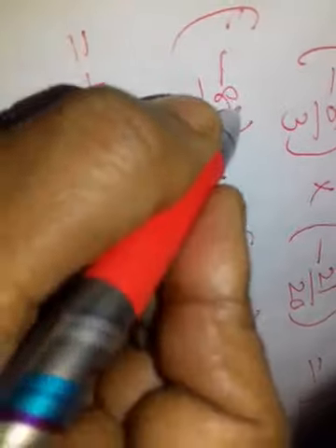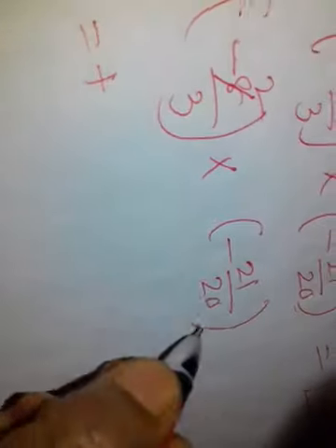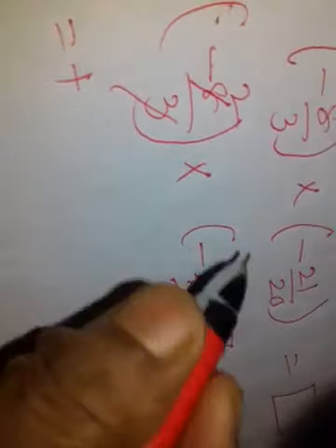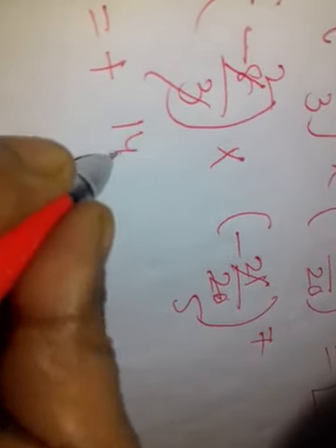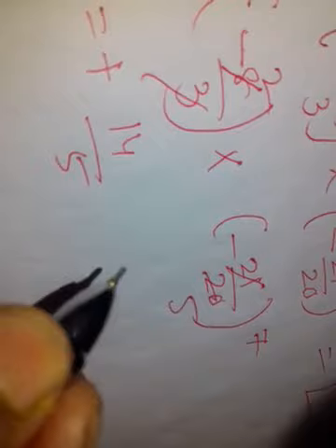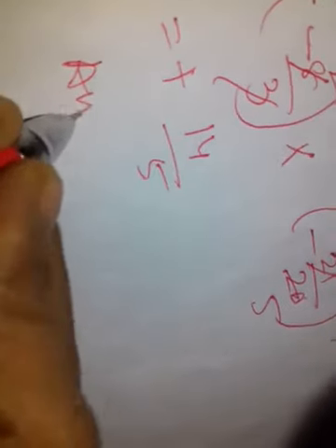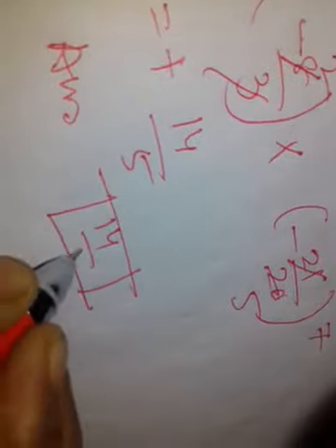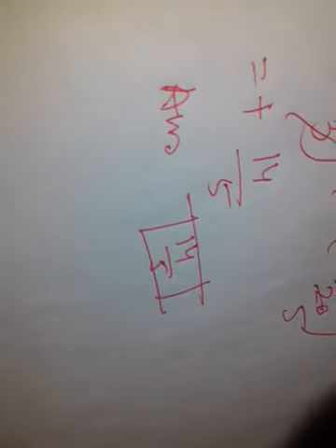Then 4 2s are 8, 4 5s are 20, 3 7s are 21, 7 2s are 14 by 5. So the answer, in the box we will write 14 by 5. This is also a rational number.